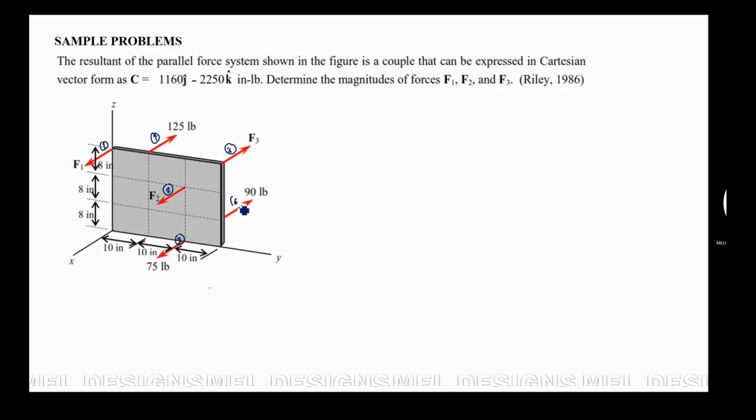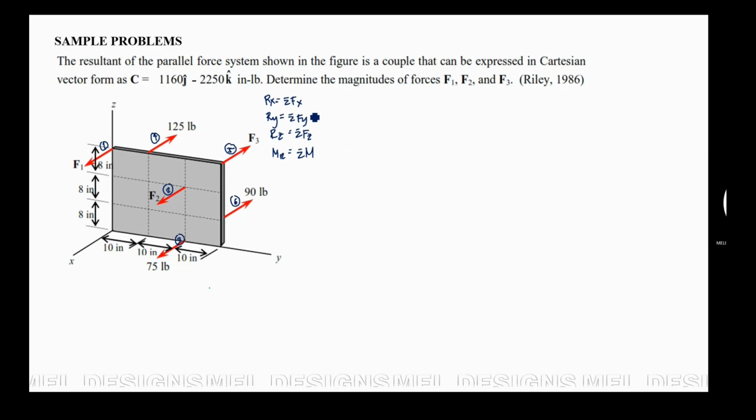Okay. Meron tayo kanina that the Rx is equal to the summation of forces along X. The resultant Y is equal to the summation of forces along Y. Rz is equal to the summation of forces along Z axis. And the resultant moment is equal to the summation of moment at a certain point.